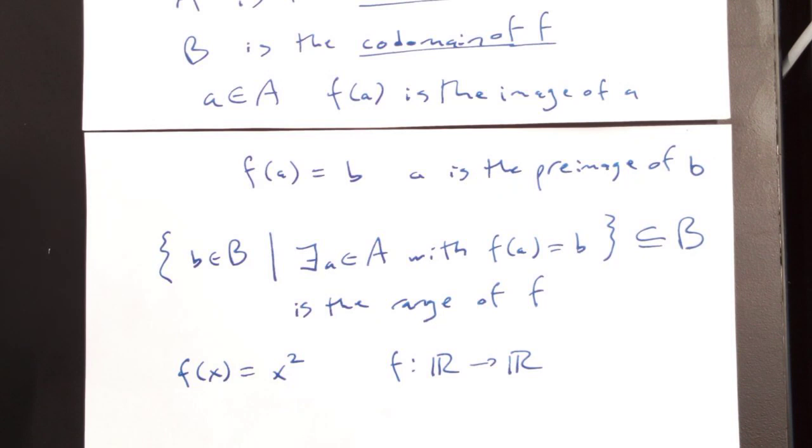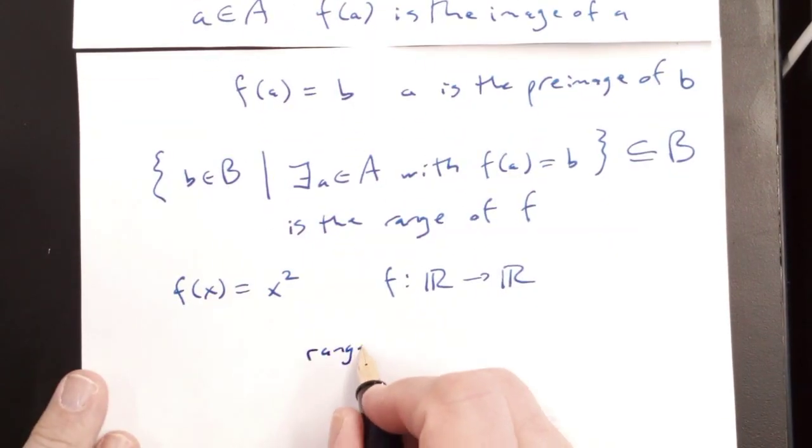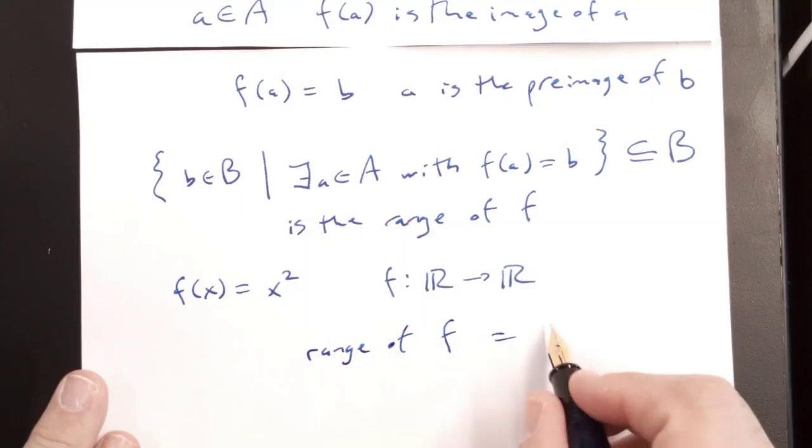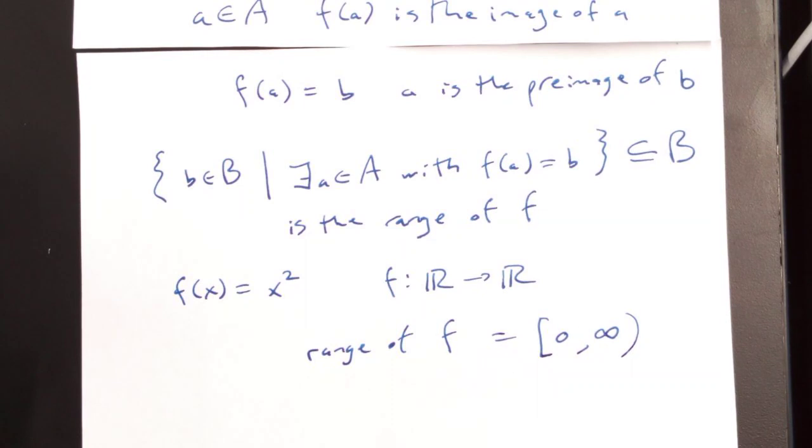And it hits at its lowest point at 0, which means this only spits out numbers that are not negative, right? So the range of this function is not all of the codomain.